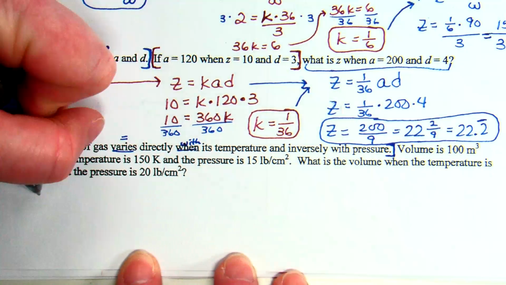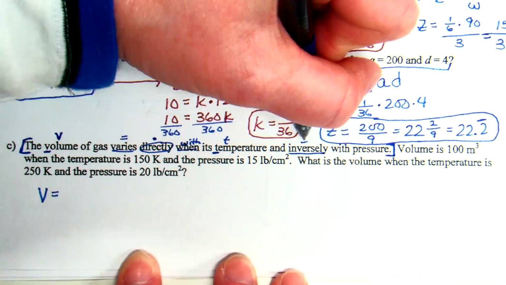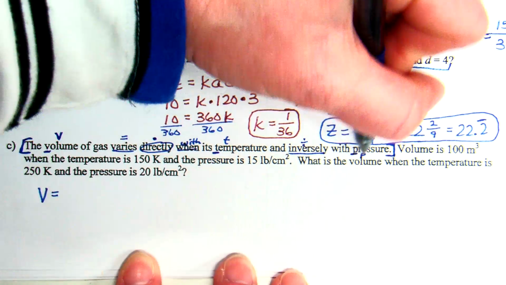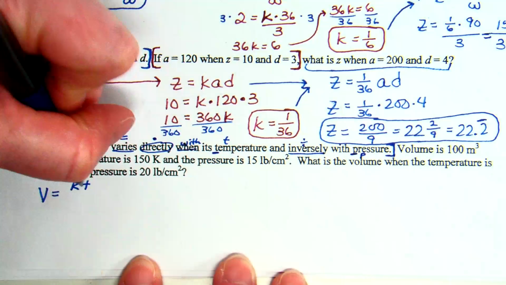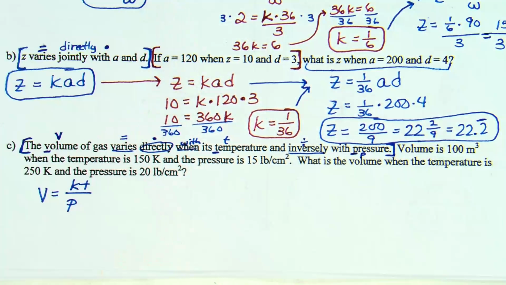We're going to multiply with temperature, which I'm going to call T, and inversely we're going to divide, and it's inversely with pressure, which is P. So V equals directly with temperature means KT, inversely with pressure is divided by P. There's what you need to get yourself started.